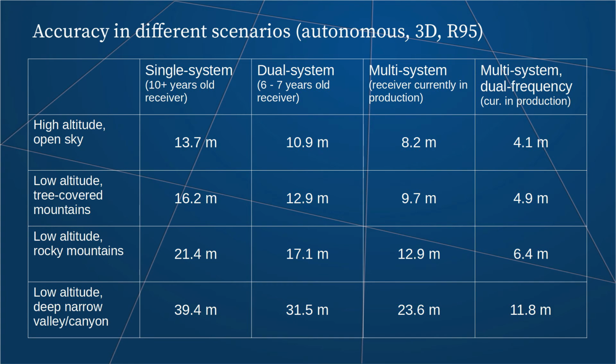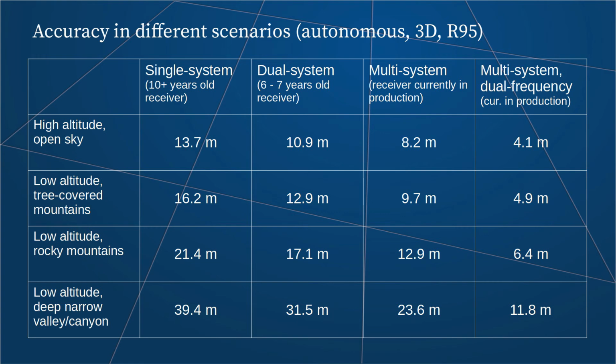Second situation is at low altitude, lower than the mountains nearby, but the mountains are covered with trees and other type of vegetation. So the plants absorb some of the signal, and the multipath effect in this situation will be almost negligible.